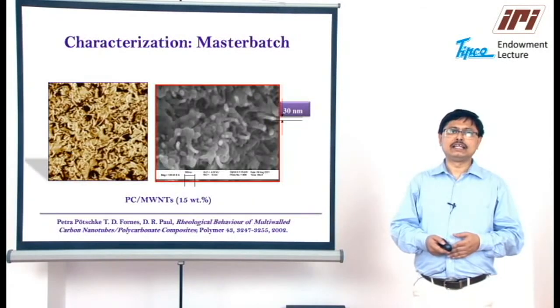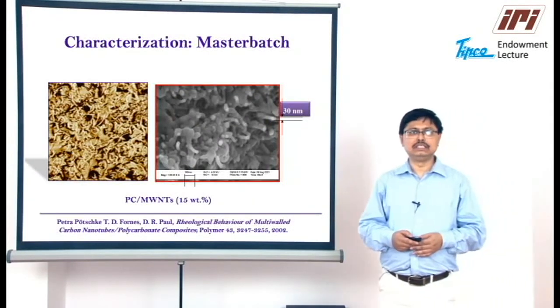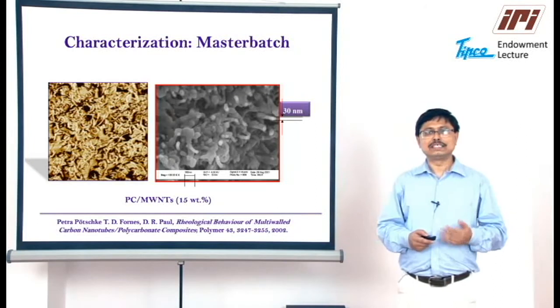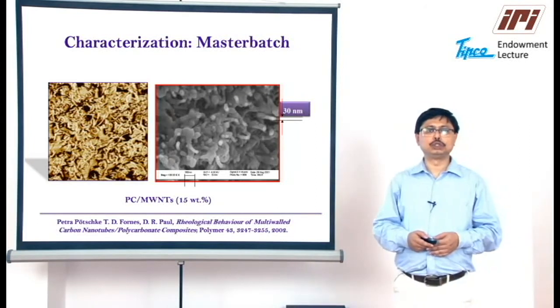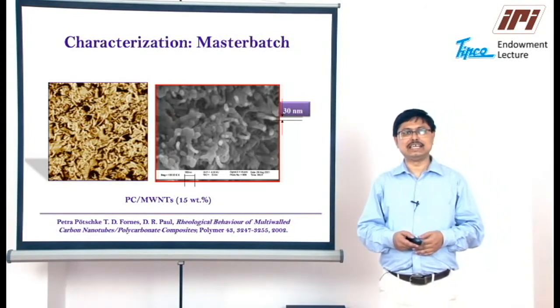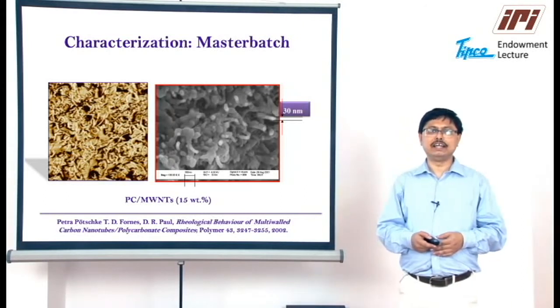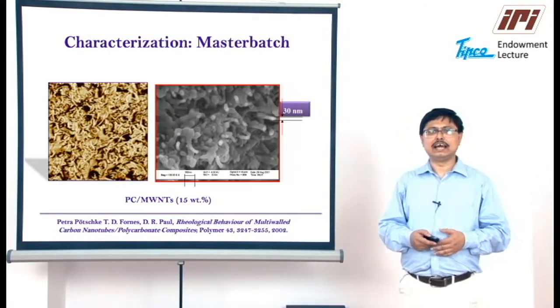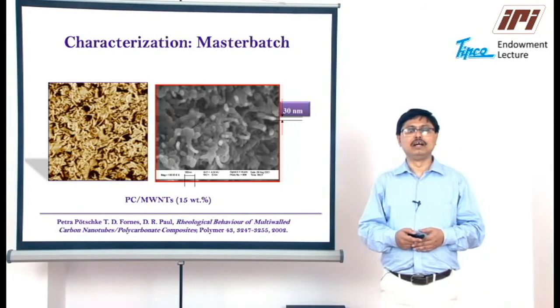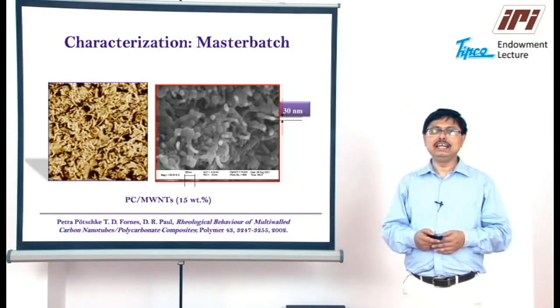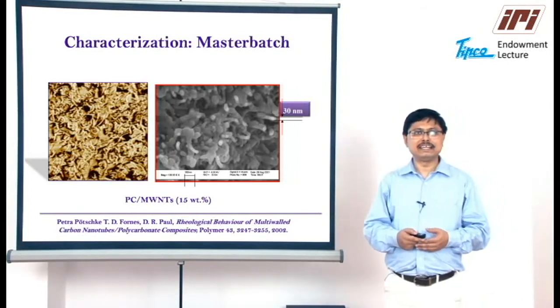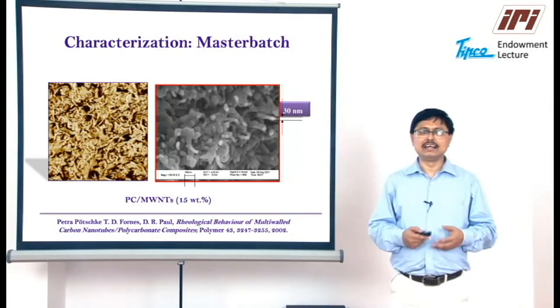If you look at these composite materials, or rather the master batch of these composites, through AFM as well as ACM micrographs, you could find that at this particular level the nanotubes form a highly percolated, spaghetti-like structure and entangled network.